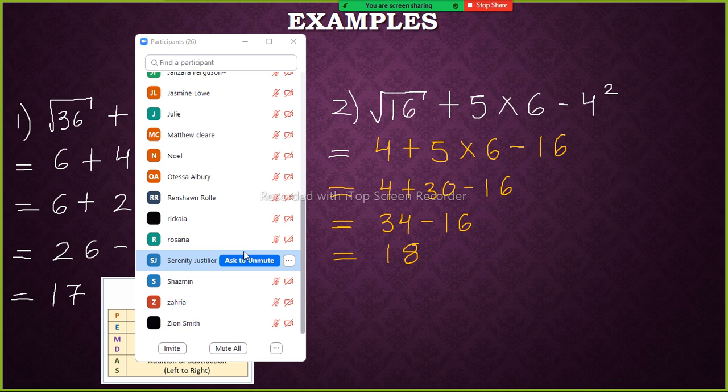Shazmin Butler. Are you understanding things? Yes, I understand everything. Okay. I know you were confident. We called you Miss Confident yesterday. Math is your favorite subject, eh? Yes, sir. Okay, so that's easy stuff for you.